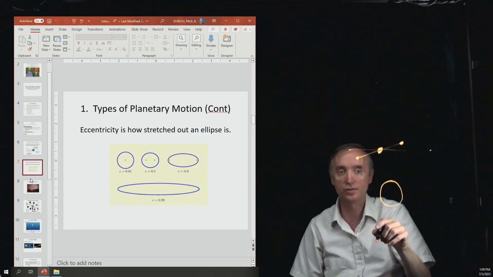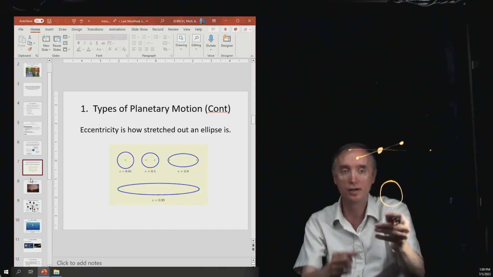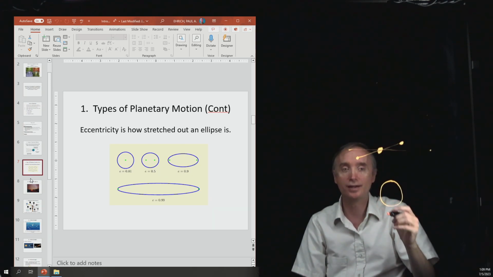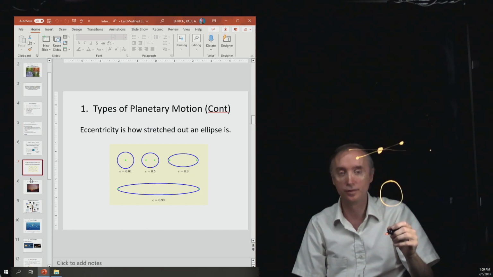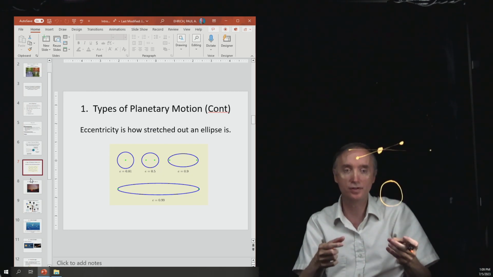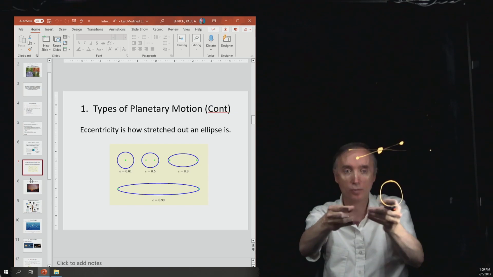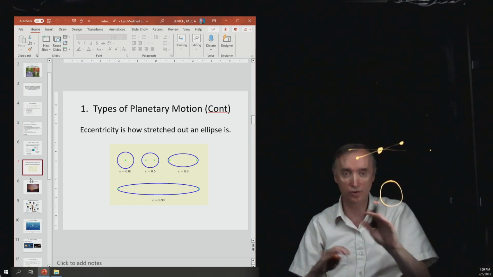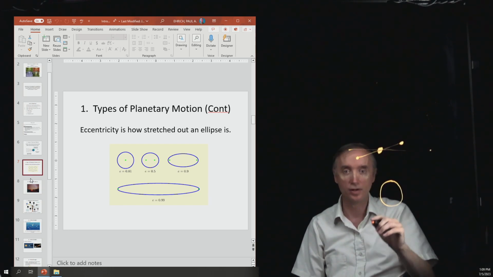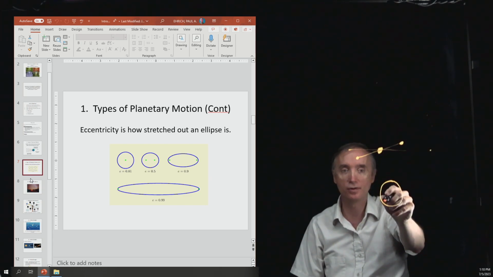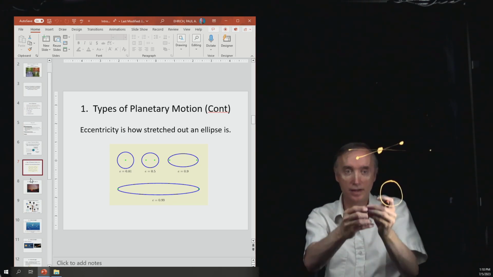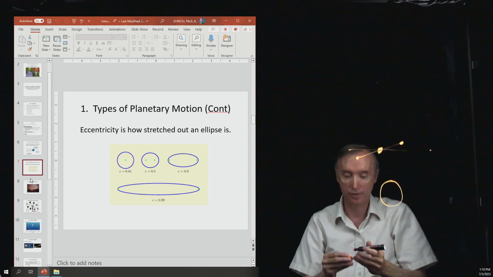As the eccentricity gets larger, it becomes more and more stretched out. You can never get to an eccentricity of 1. When you get to an eccentricity of 1, then the orbit snaps, and then it turns into a different kind of orbit, which we'll talk about later. So it varies between 0 and as close as it can get to 1, and that's the more stretched out.